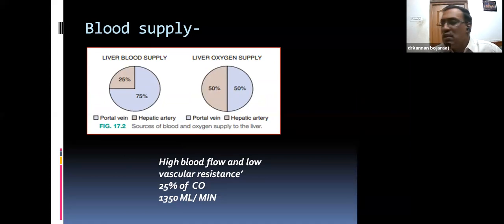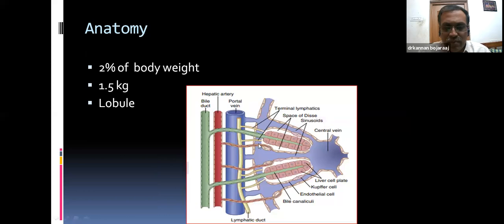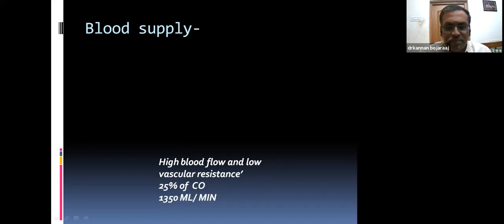And the liver has the dual blood supply, that is from the hepatic artery and the portal vein, which I have already shown in this lobule slide. And this hepatic artery supplies only 25%, which you have already seen in this slide, the rest mostly by this portal vein, and very minimal, 25%, from the hepatic artery. Okay.